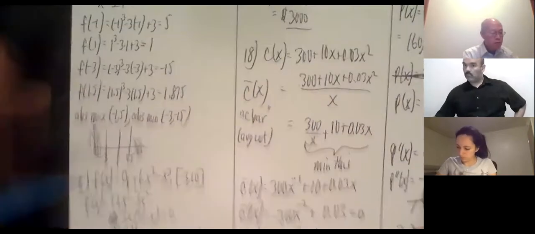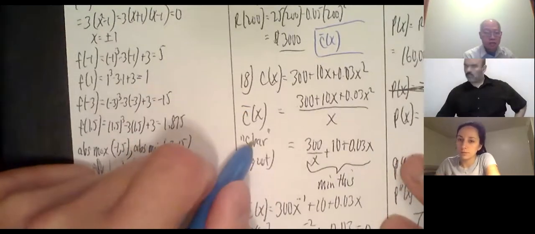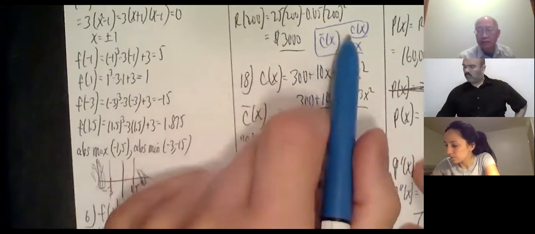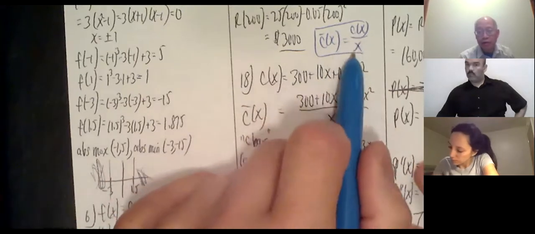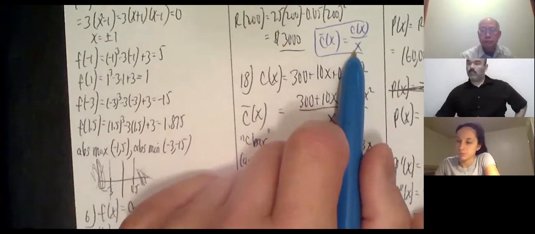If I sneak in a sidebar, sometimes we say C bar, which stands for average cost. C bar is C of x divided by x, average cost. I mean, how do you take an average? It's the total divided by how many there were, right? So C of x divided by x.